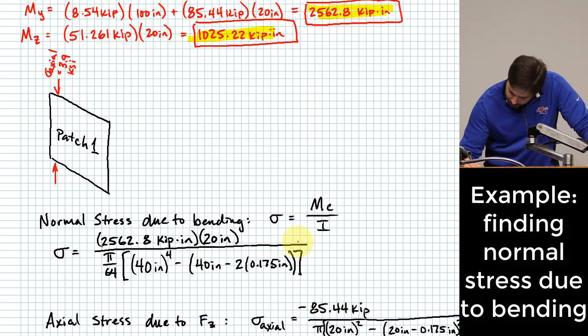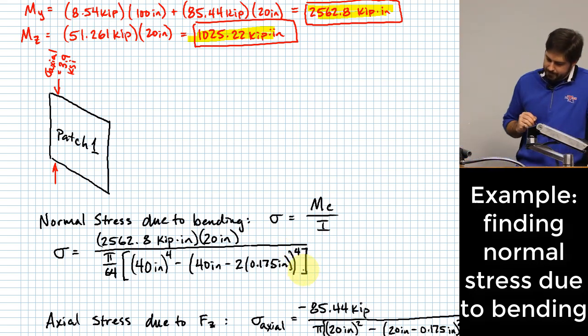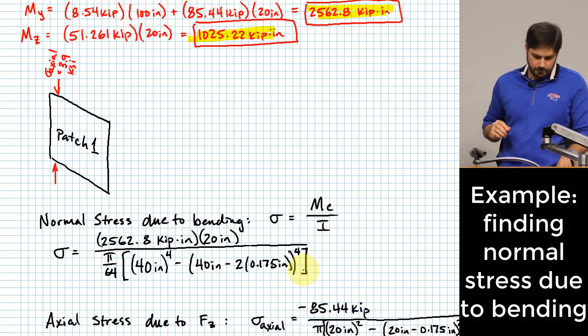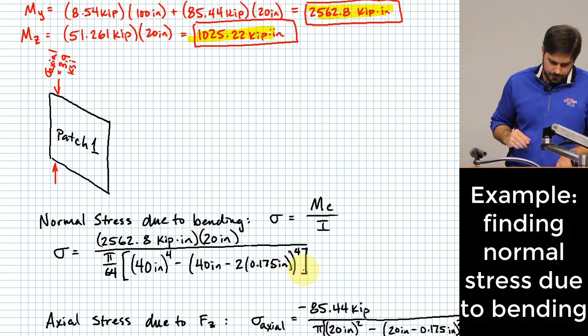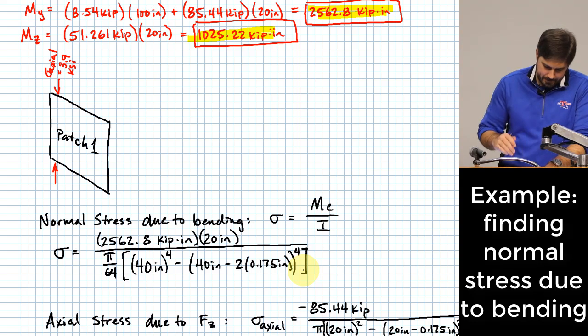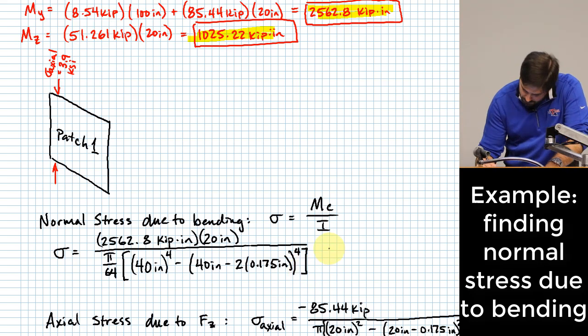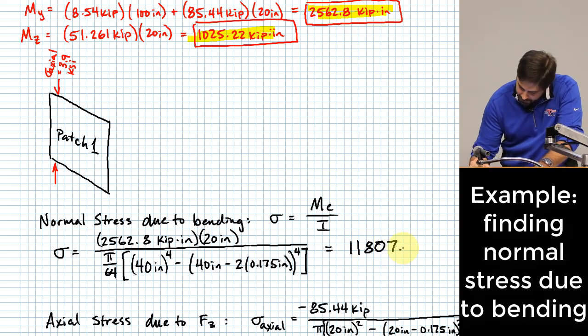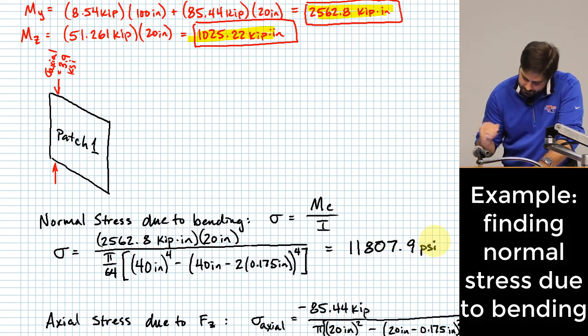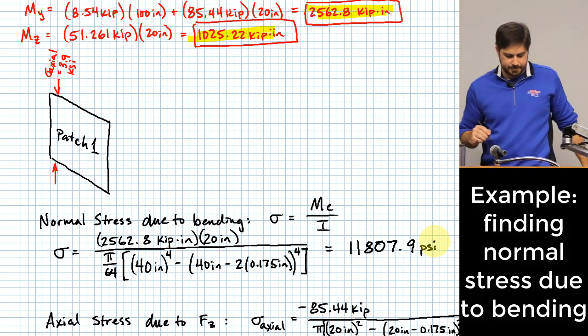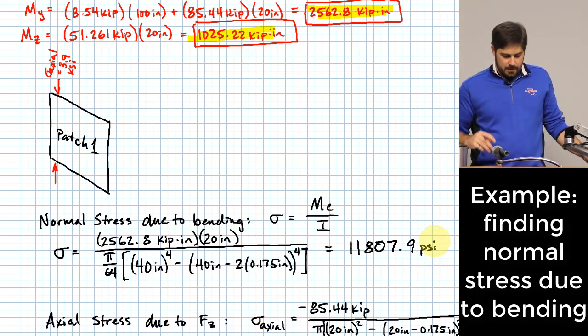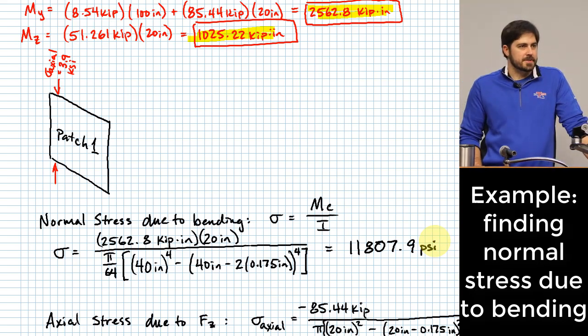And then that would all be to the 4th. Okay. And what I have for that is 11,807.9 psi. Okay. As the magnitude.